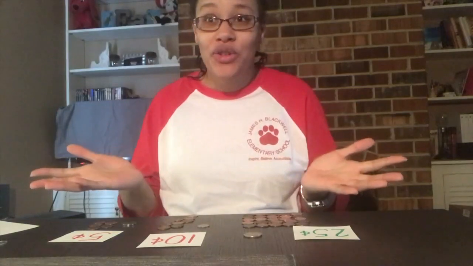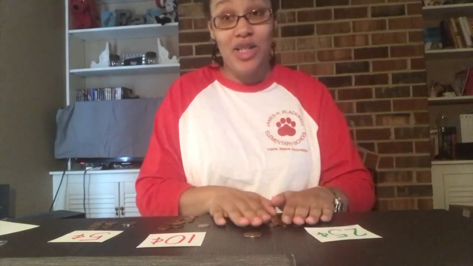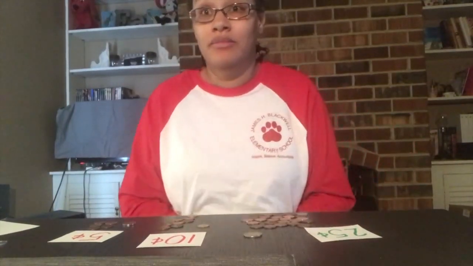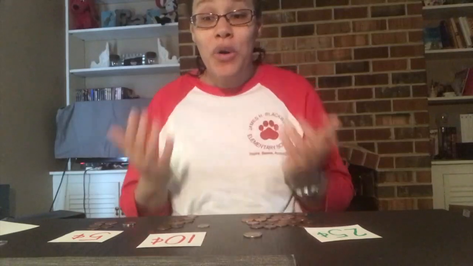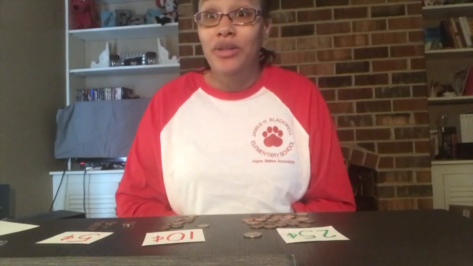How many pennies do you need to count out? Right, 25. 25 pennies equals 25 cents. So if you only have pennies and you need to count out a nickel or a dime or a quarter, then now you know how to do it, right? Great.